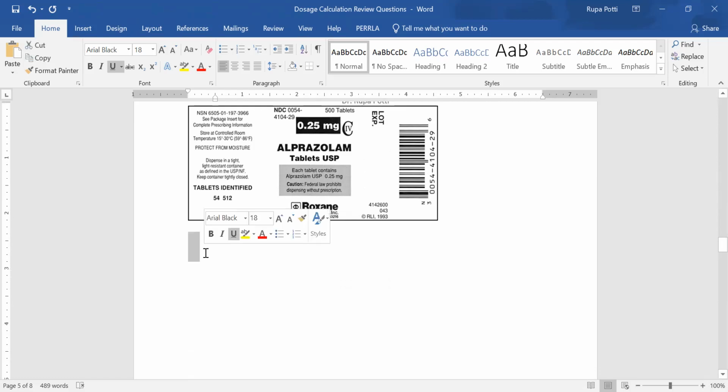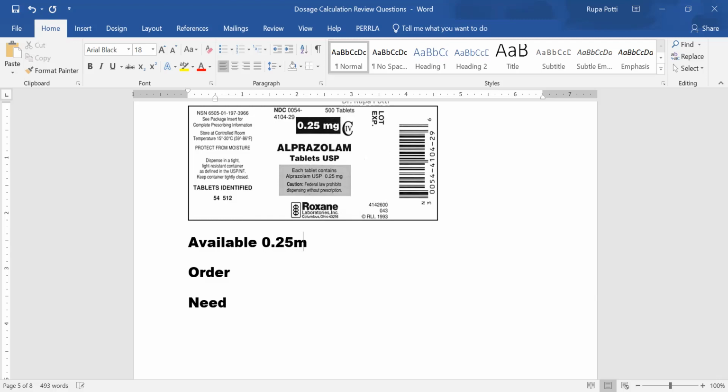So over here now I'm going to say, what is it that is available? And then what is the order? And what is it that I need? As I look at it, each tablet is 0.25 milligrams.